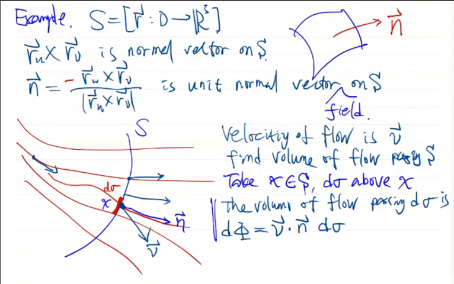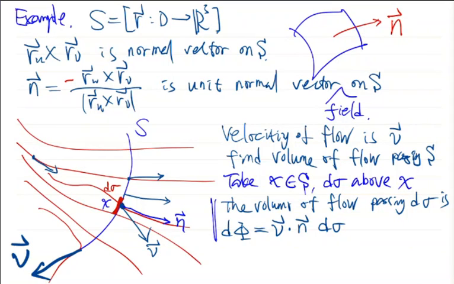It is not the norm of v multiplying the area, because if your flow is tangent to the surface, then your velocity is a tangent vector of the surface. Along such a flow line, the liquid will not pass through the surface.